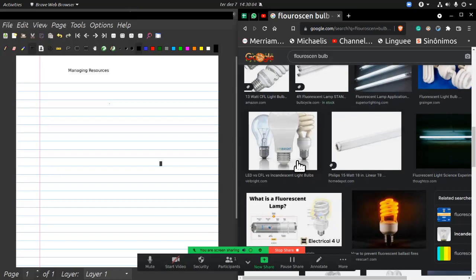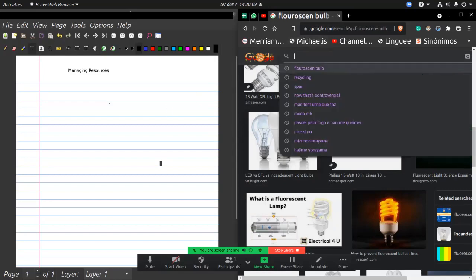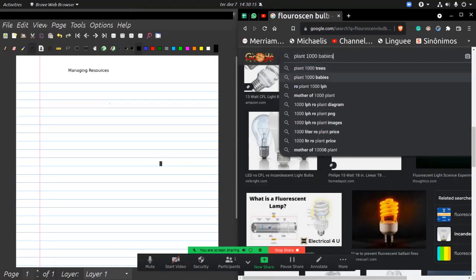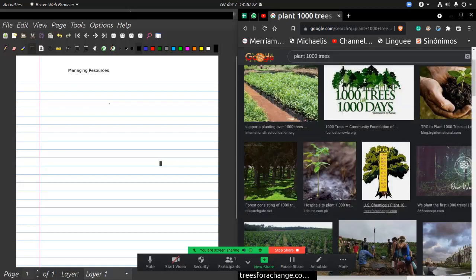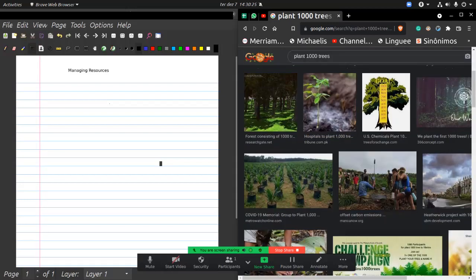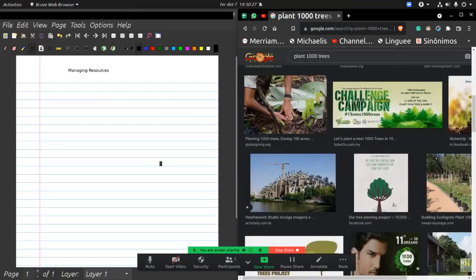Also, if we conserve, lately there have been people who plant 1,000 trees, and with that they can replace what they took off, so that we can have more later.